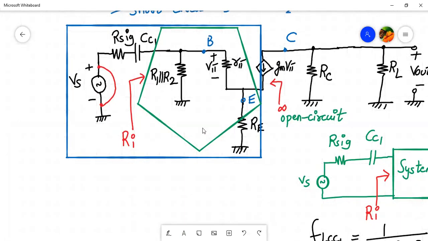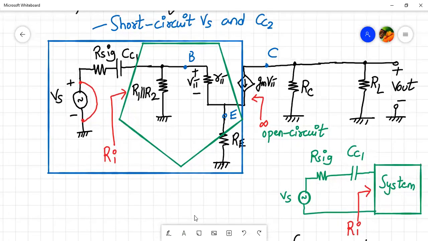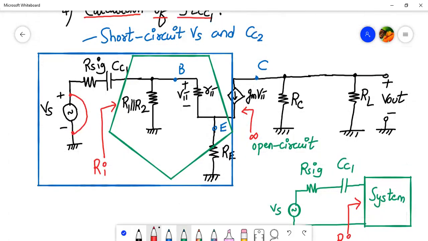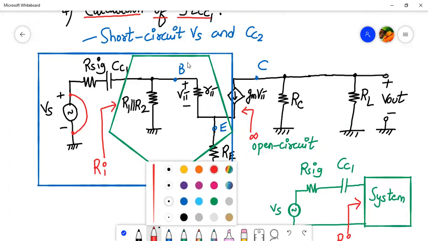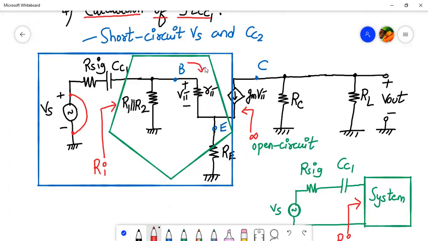So what is the Ri looking into the system? Only this much is there: R1 parallel to R2, and it is parallel to R pi plus Re. Now whether we can write it as it is? No. The reason being is that the current flowing into the base terminal is IB, and the current flowing into the emitter terminal is IE.